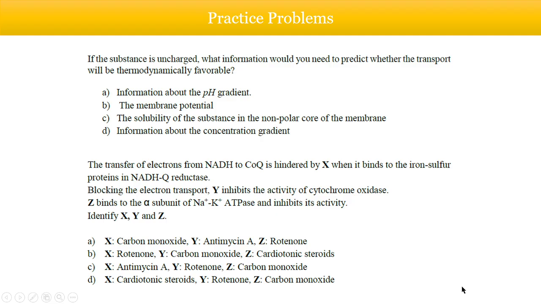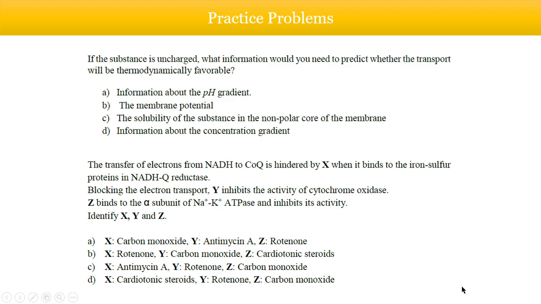And you do not need solubility; that relates to the non-polar core of the membrane and its ability to cross the membrane, not the thermodynamic favorability of the overall transport. So the concentration gradient would be the driving force when it is an uncharged molecule, right?